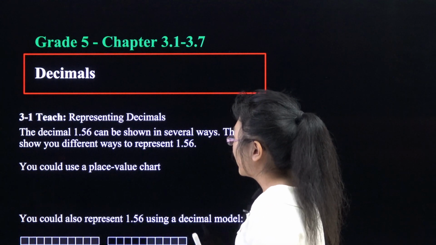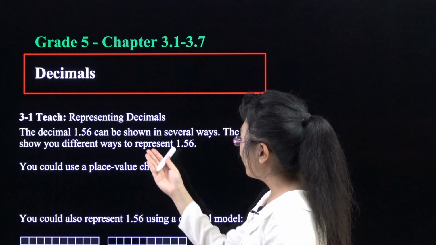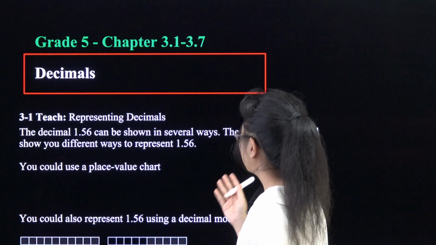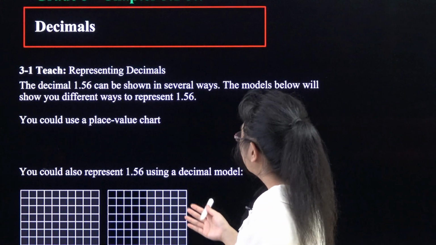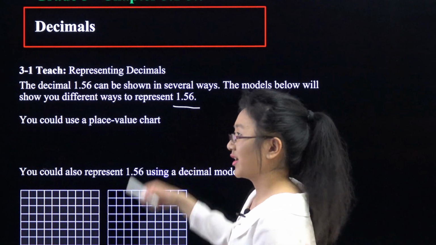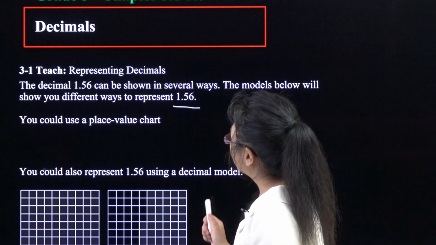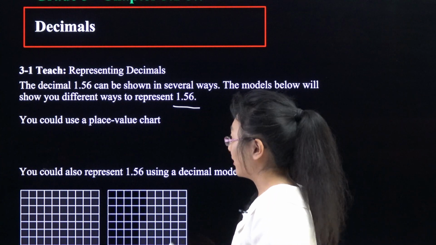So the first thing that we do is representing decimals. A decimal such as 1.56 can be shown in several ways, including the numerical standard way, which is just written right here, 1.56, in numbers. The models below will show you different ways to represent 1.56.